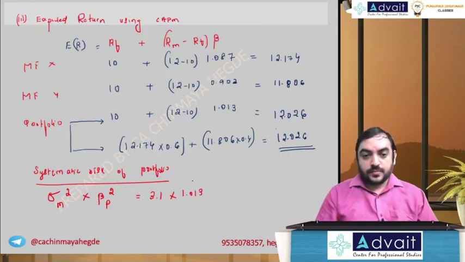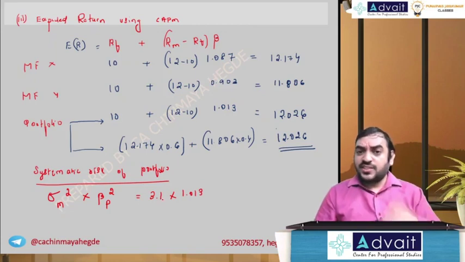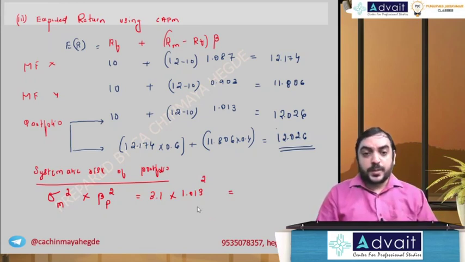1.013. Okay, now market variance is already square. I don't have to square it. But beta of portfolio, I need to square it. Market variance is already square, so don't touch that. But beta of portfolio must be squared.